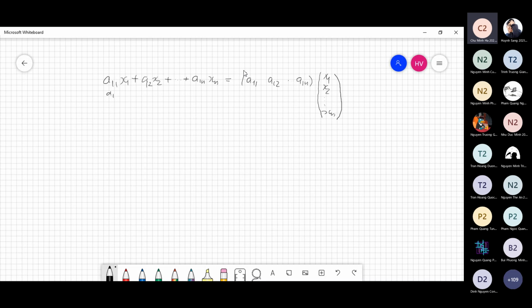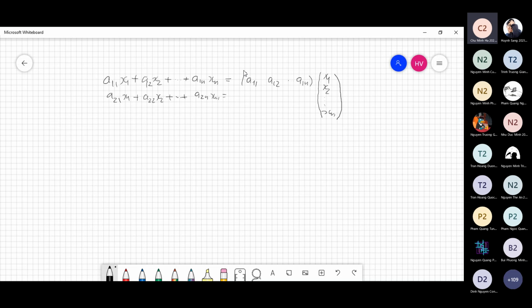And the second equation, in the same manner, you can obtain it. This is not a12 anymore, it should be a21 x1 plus a22 x sub 2 and so on until a2n x sub n.